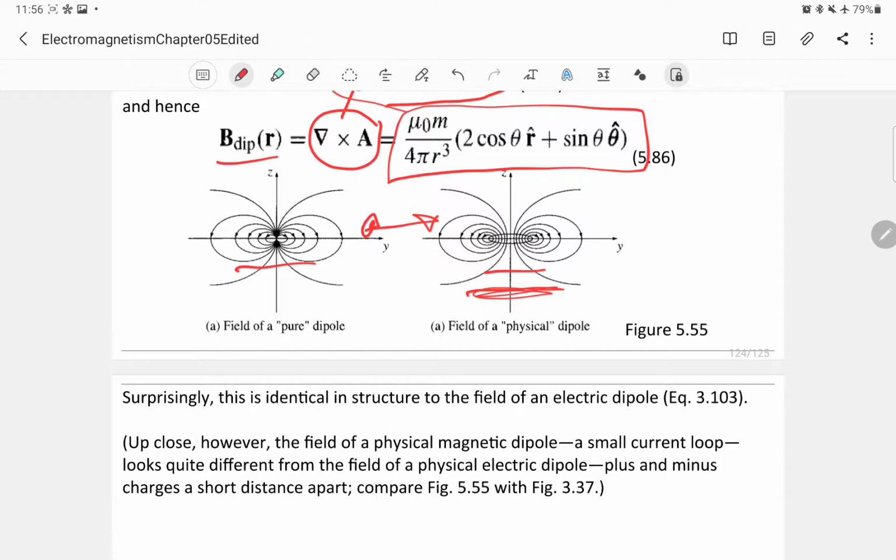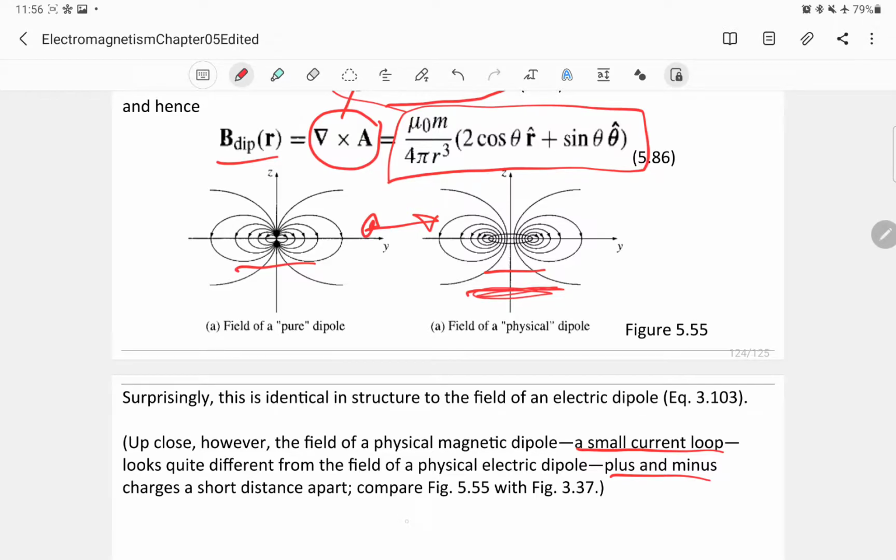Up close, however, the field of a physical magnetic dipole, a small current loop, looks quite different from the field of a physical electric dipole, plus and minus charges separated by a short distance.